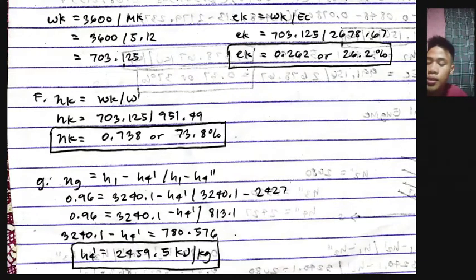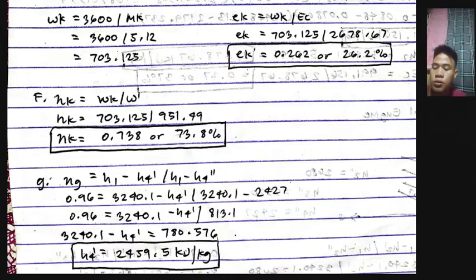Again, by substituting it, EK equals 703.125 over 2678.67. And by calculating it, we got the value of EK 0.262, or 26.2%.